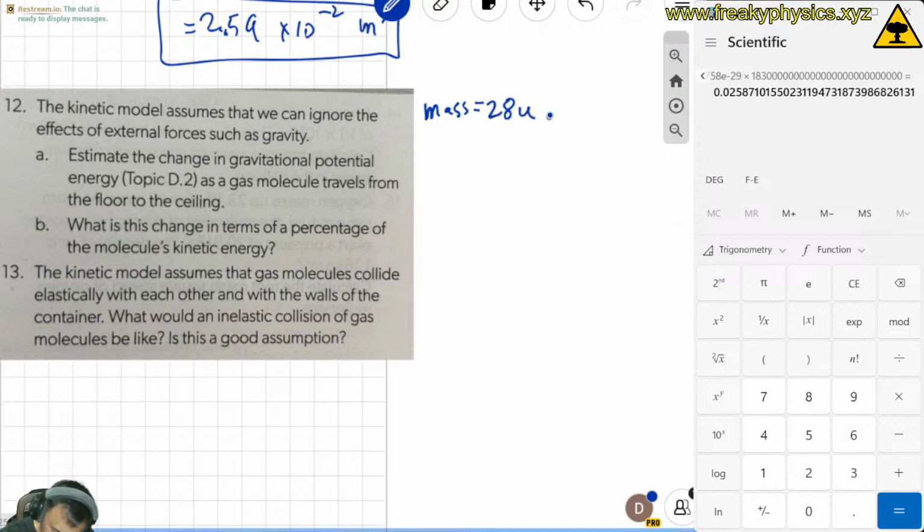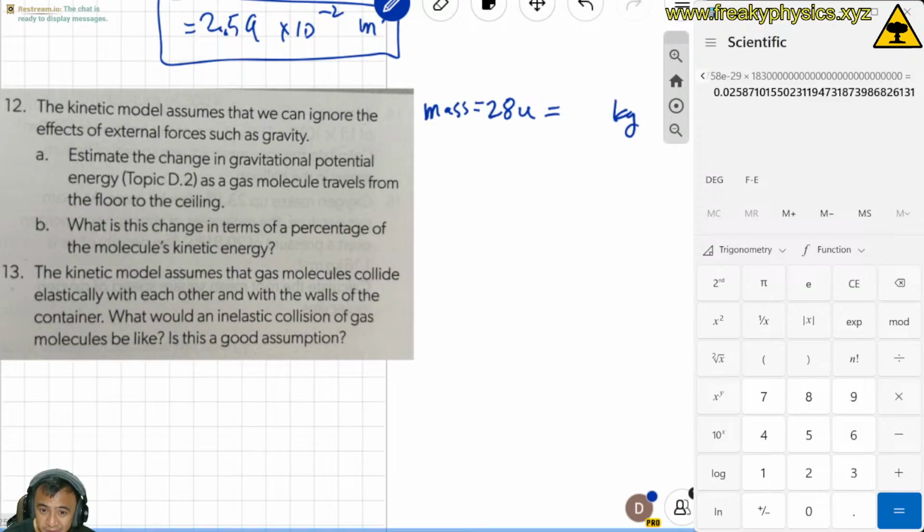We're going to change that into kilograms by using the factor in the data booklet. 1 u is given as 1.661 times 10 to the minus 27.